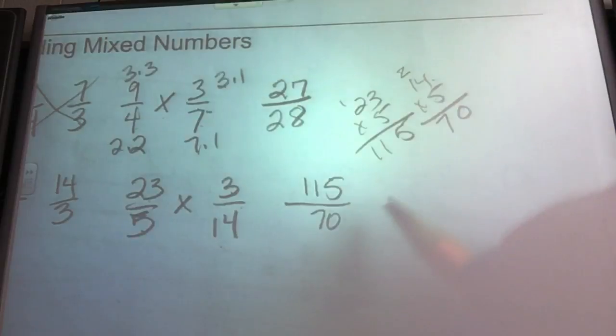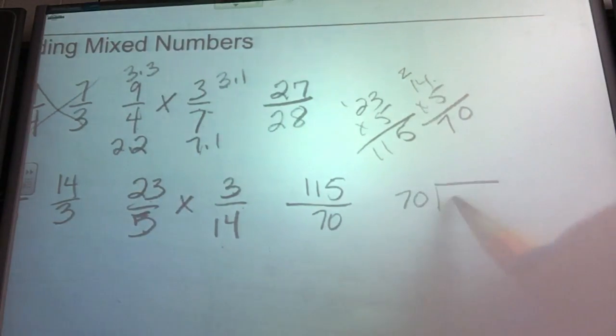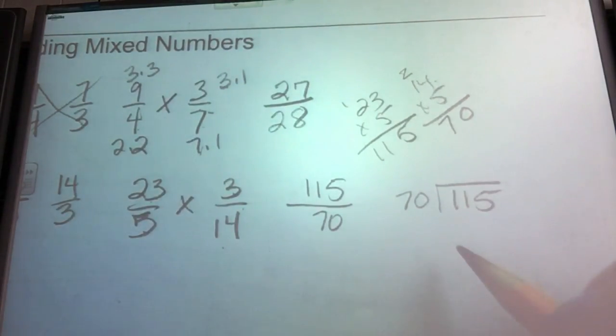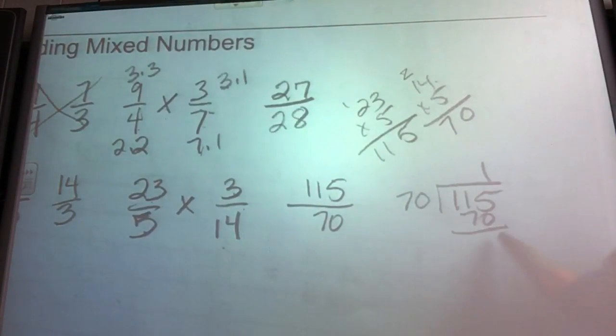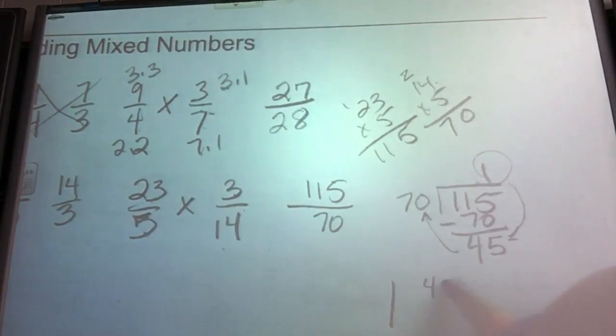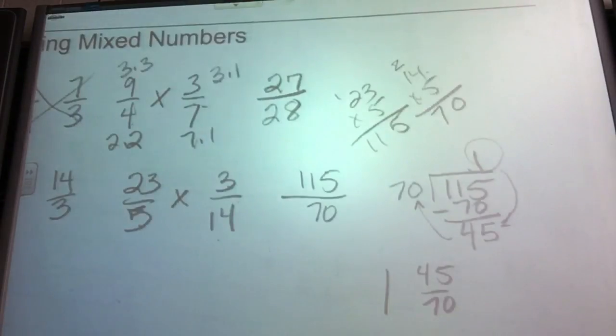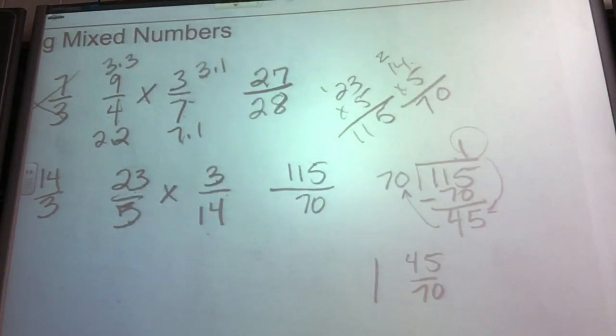Okay, this one we're going to have to flip. One whole, 45/70ths. But that can be reduced.